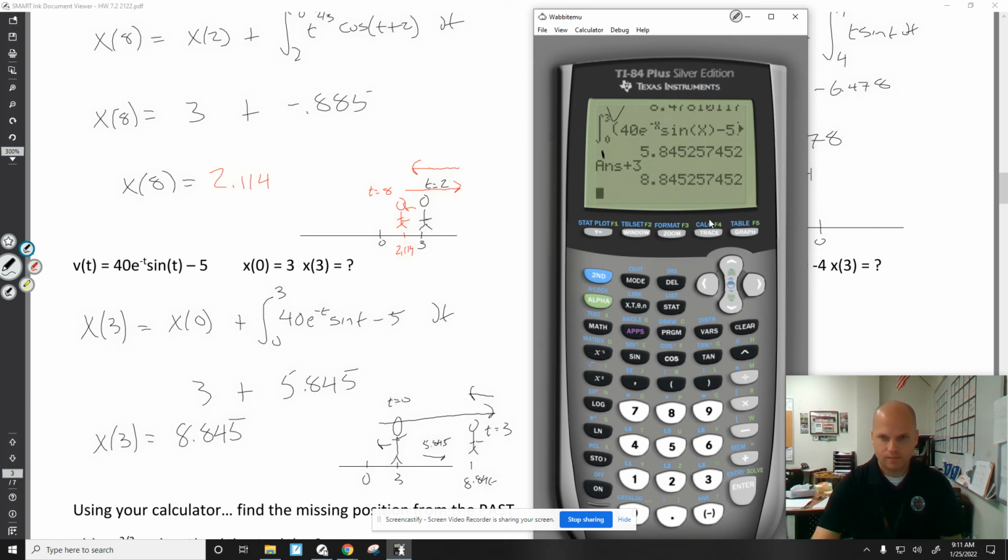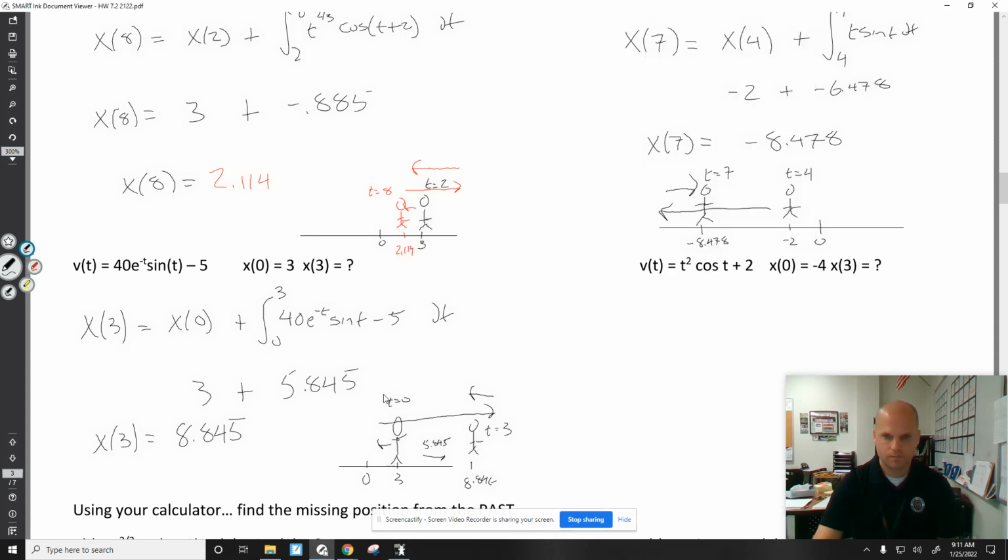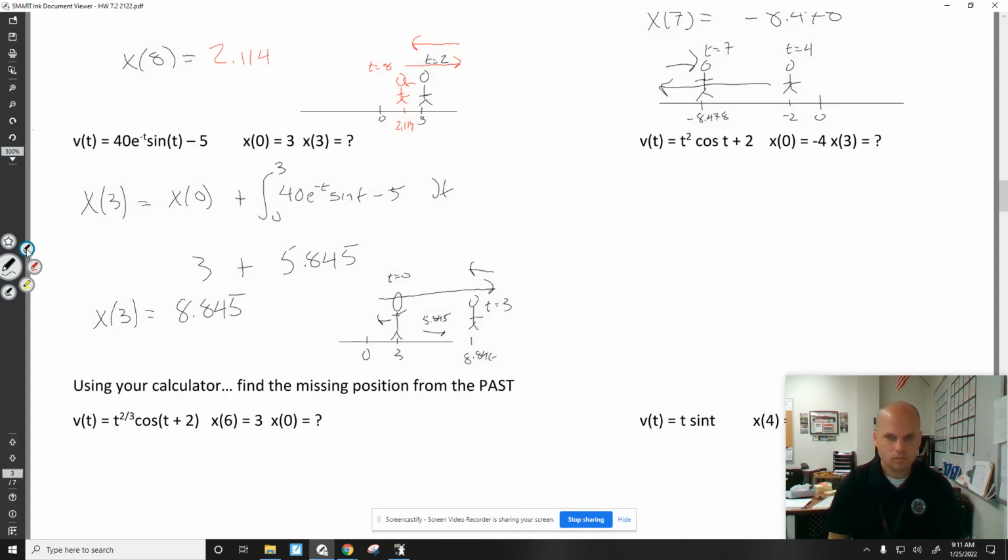Add that to 3. There's my position at this third second. Same deal. What's my position at my third second? But I know my position at the 0th second, and this will calculate my change in position.